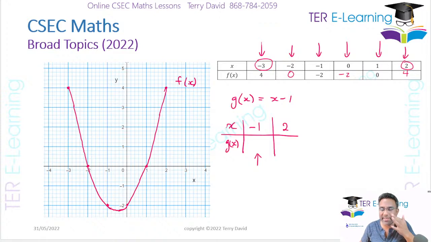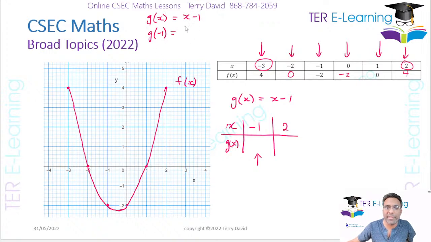All right, so I've seen people getting -2. Let's see if that's correct. So all you guys need to do, g of x is equal to x minus 1. So g of -1 is going to be -1 minus 1, and that's going to give you -2. So therefore, this answer here is going to be -2.